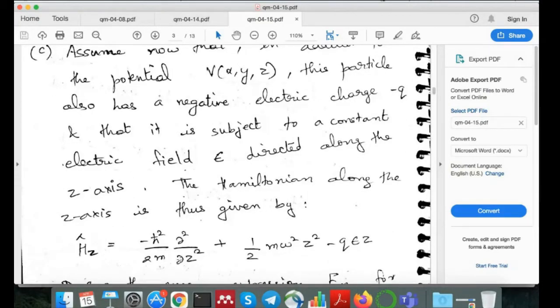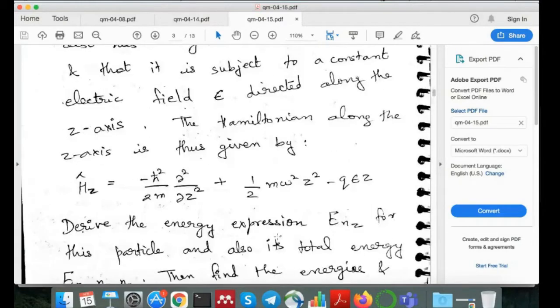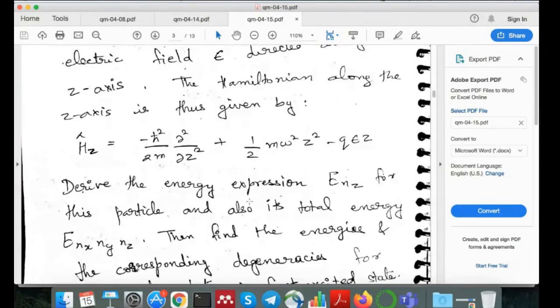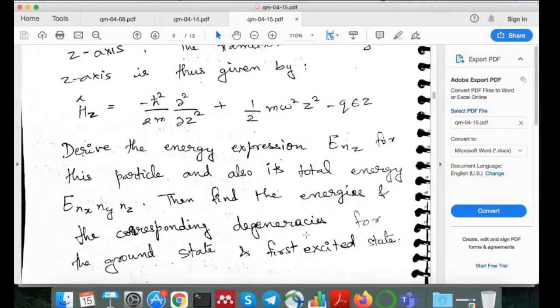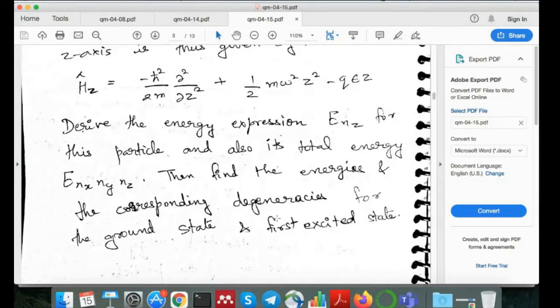This is the Hamiltonian for the harmonic potential, and additionally you have an electric field potential as well. If this is your total Hamiltonian, they want you to derive the energy expression for this particle and also its total energy. Then find the energies and the corresponding degeneracies for the ground state and first excited state.